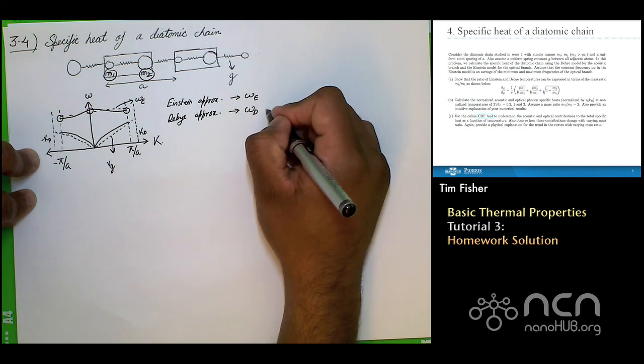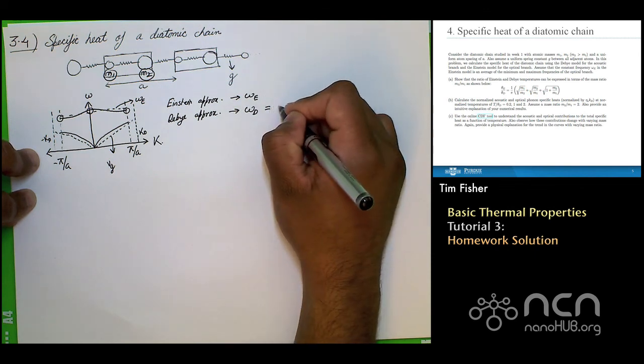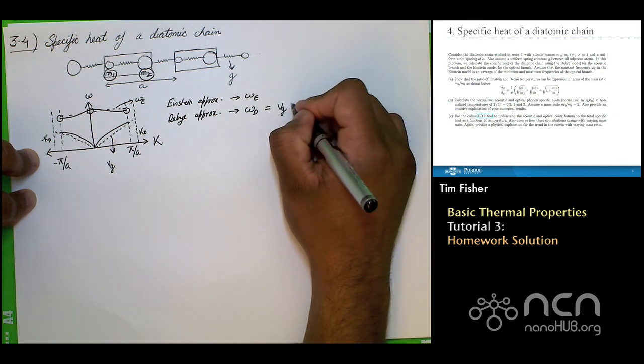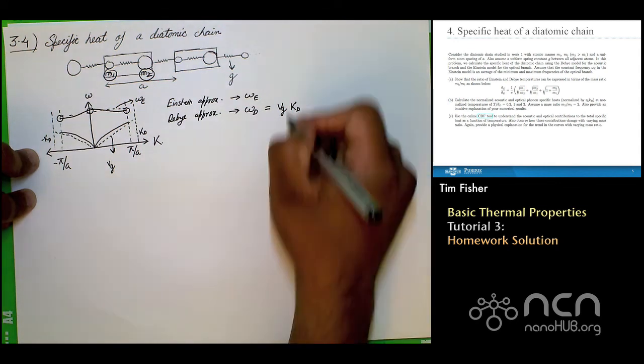So basically the Debye approximation states that the Debye frequency is nothing but the product of the group velocity of the acoustic branch and the Debye cutoff wave vector K D.